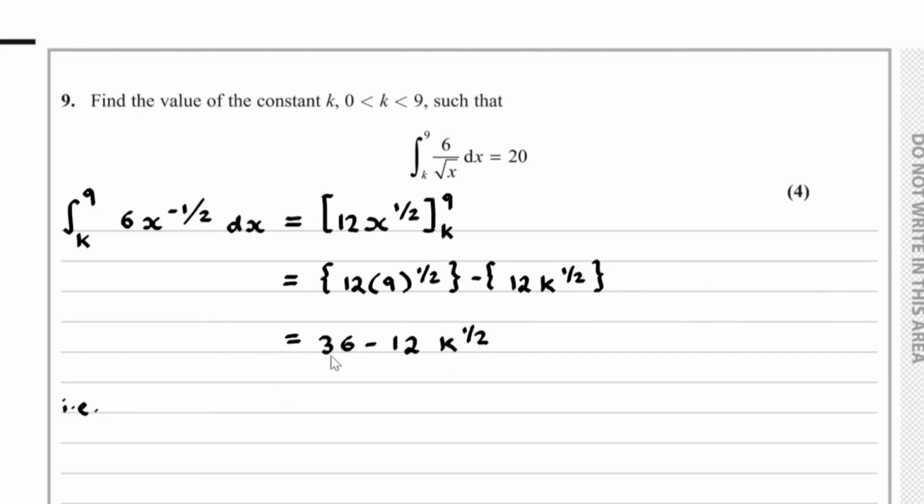And if we set this result equal to 20, we've got 36 minus 12k to the power of 1/2 is equal to 20.